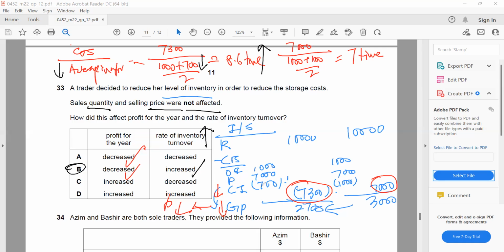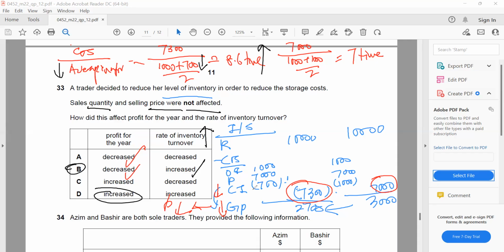This one, we get 7,000. Why are they putting this one as increase? Reduce the level of inventory.